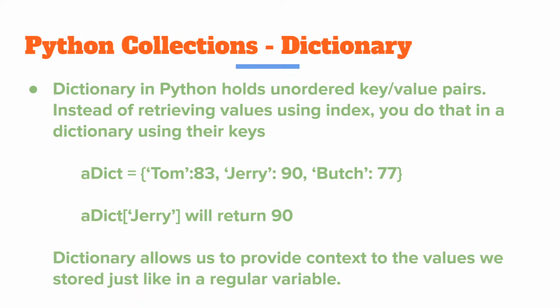Why do this? Well, many times it is absolutely necessary for you to use that context in order to make sure you access the right value inside a data collection. And a dictionary is obviously going to be the best way that you can do this. You can technically use two different lists, one to store the key in a certain index and one to store the value in the same index, but that is going to be rather inefficient.